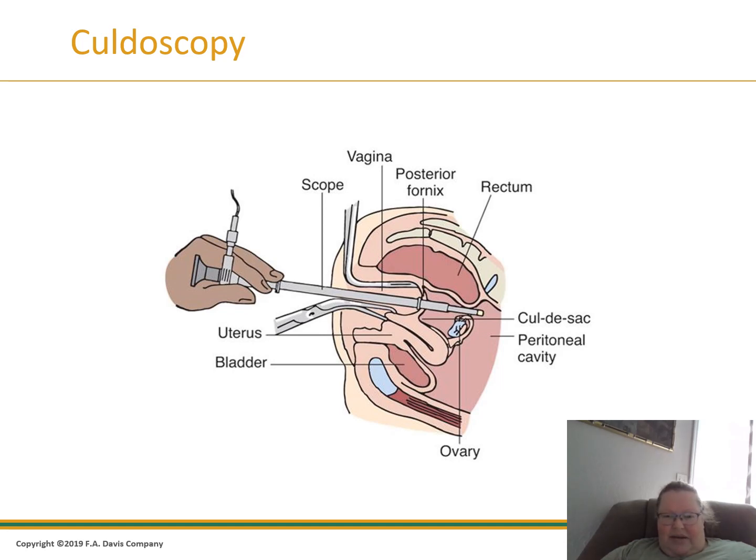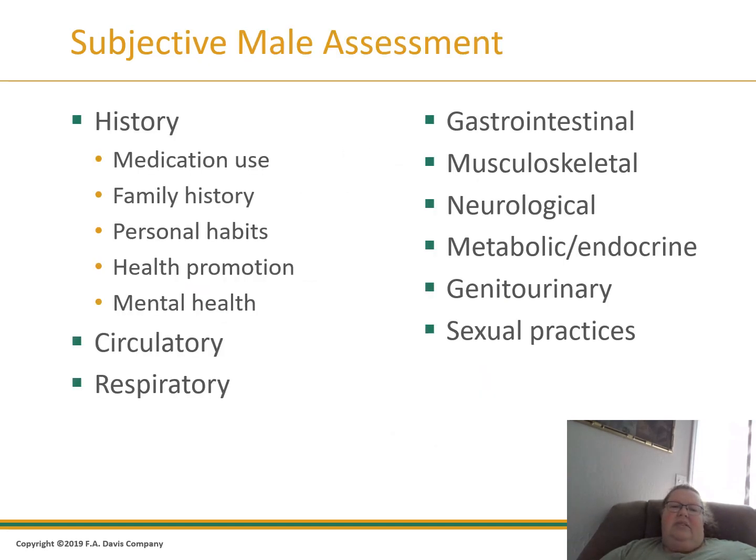A cul-de-sac is right here. That's weird. Anyhow, so this is just a way to scope in the vaginal area. The only time I've ever seen a colposcope done is if it was to check for vaginal warts or lesions, that kind of thing.